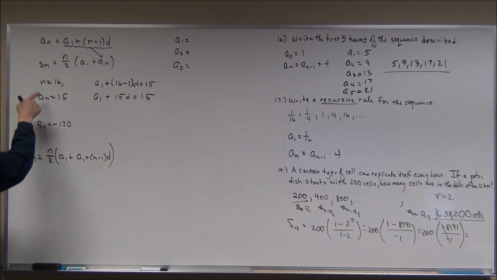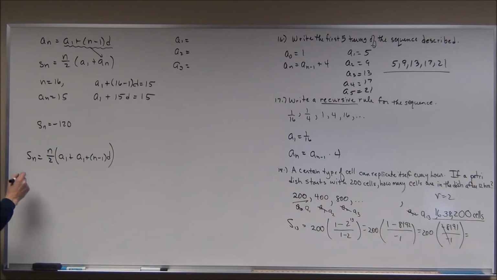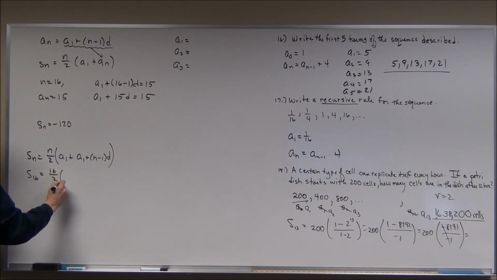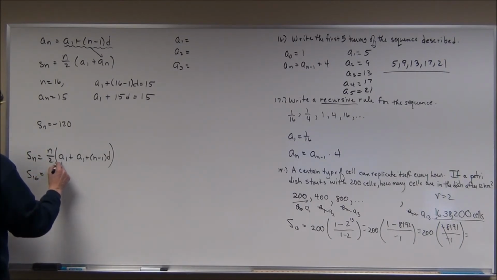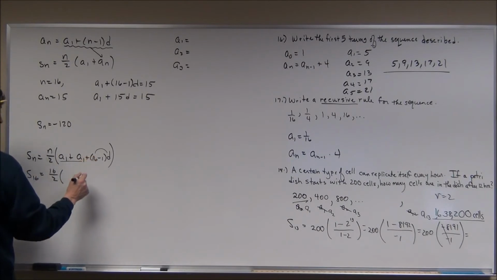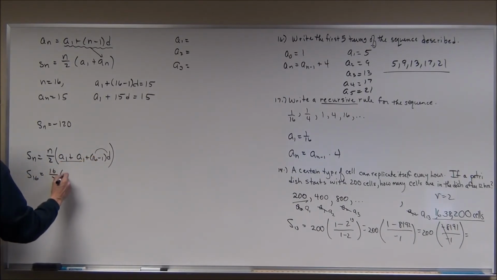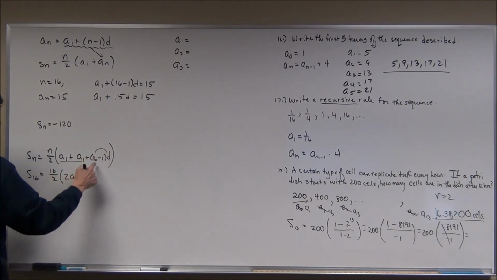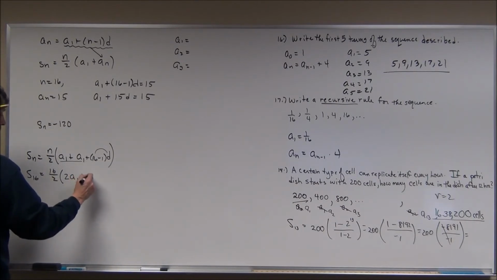Now I am finding when n is 16, so S sub 16, which is negative 120, is equal to 16 over 2. Alright, I don't know what a sub 1 is, but I have two of them here. Oh, and I know that this is a 16 here. I'm sorry. Almost messed up big time. So I have 2 a sub 1, and this is 15 plus 15d.